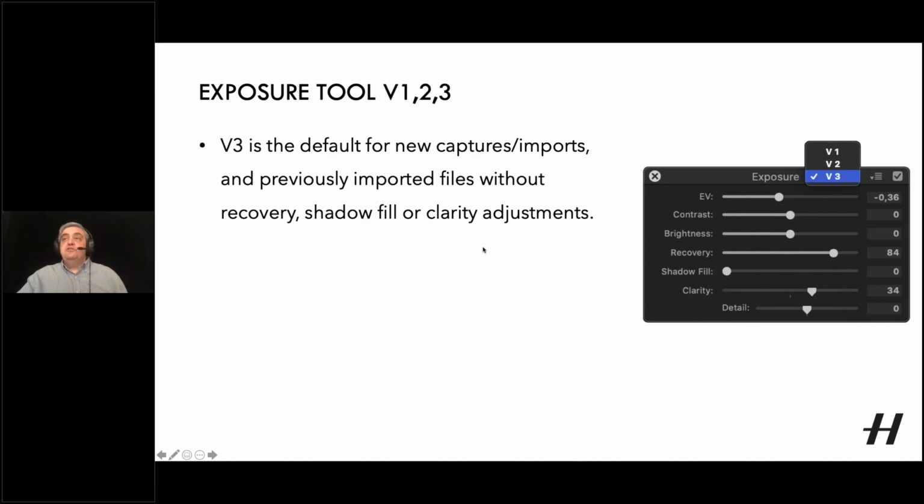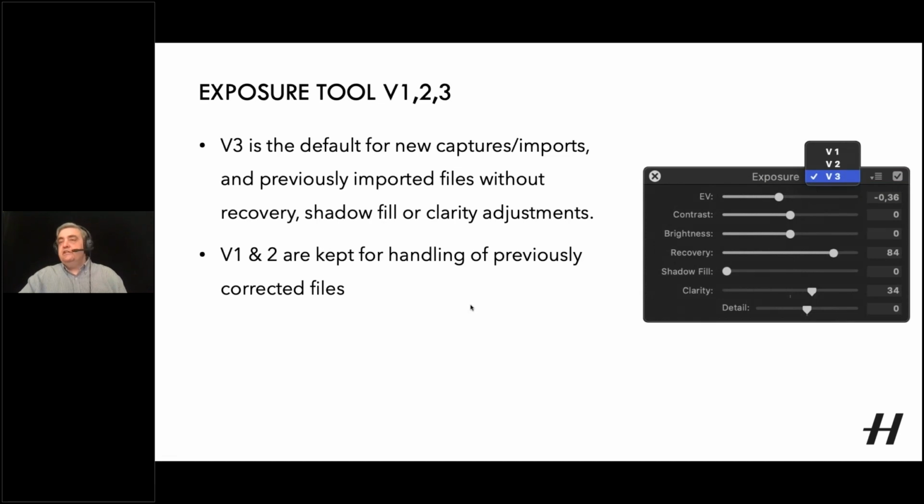There are other options in there, V2, V1, etc. But basically, if you have any file within your system that's not been adjusted for shadow, recovery, or clarity, the system will attempt to use version V3. Now, V1 and V2 are there for, should we say, more legacy or previously corrected files.